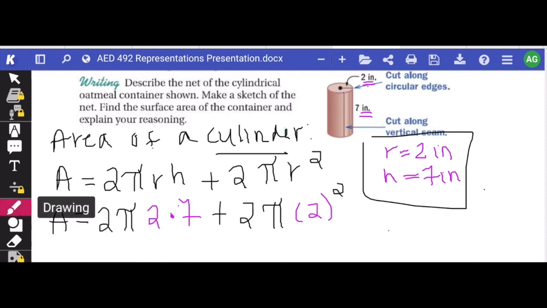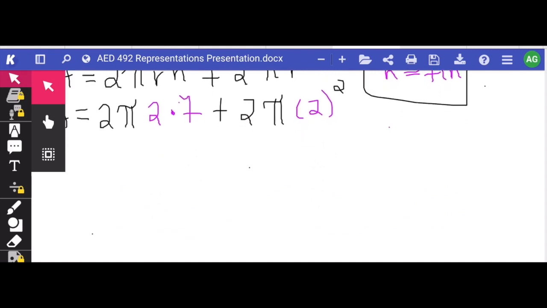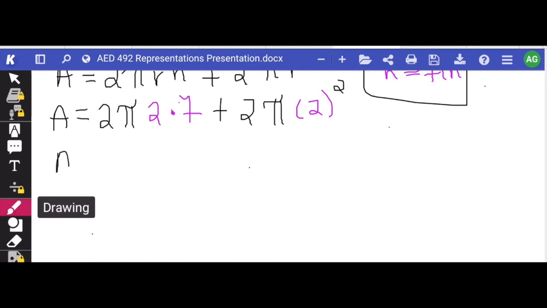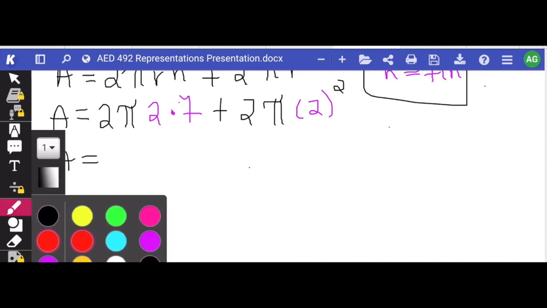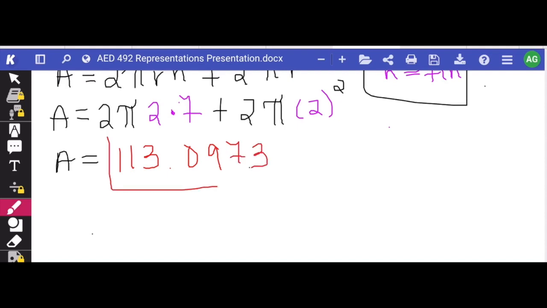And when we put that whole segment in our calculator, whether you want to break it up into two parts or put it all in together, we're going to find that the area equals 113.0973, which is the same value as we got when we calculated the area of the two circles plus the area of the rectangle. We get the same answer. Notice because we covered the same surface area and the same amount of coverage, we're going to get the same answer whether you use the formula or you break it apart.